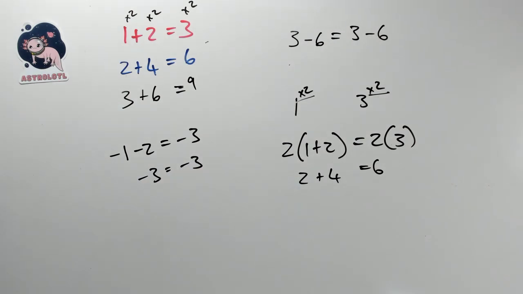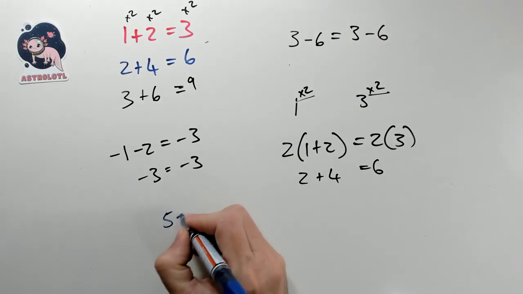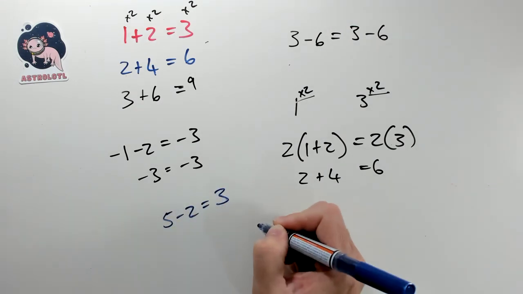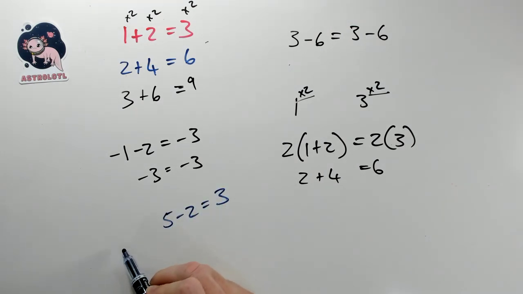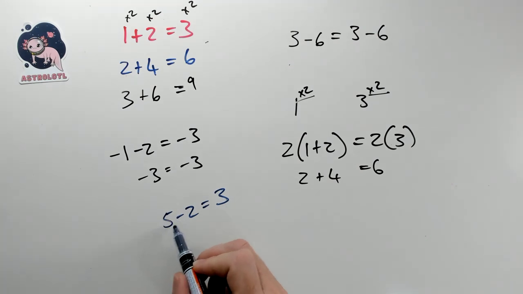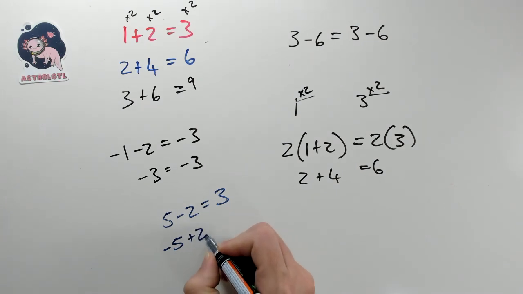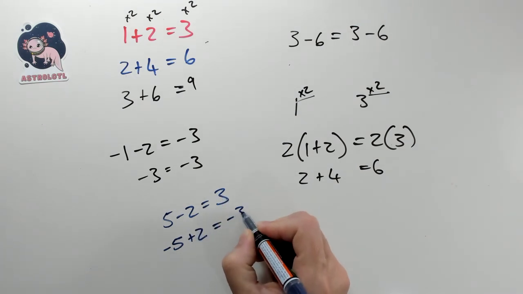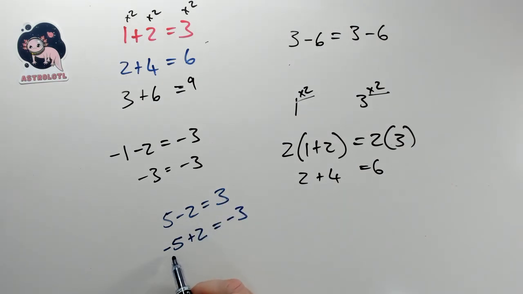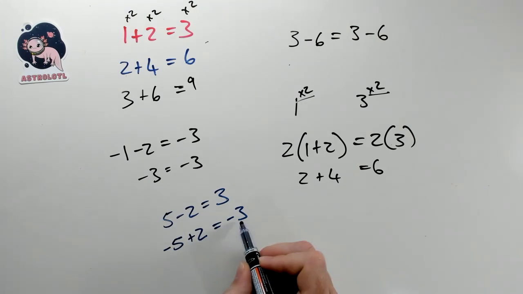If I had a different equation, let's say 5 minus 2, that would be 3. I can again change all the signs straight through. This is a +5, so I change it into a -5. This is a -2, I change it into a +2. And that one I change into a negative as well. And here, -5 plus 2 is -3.